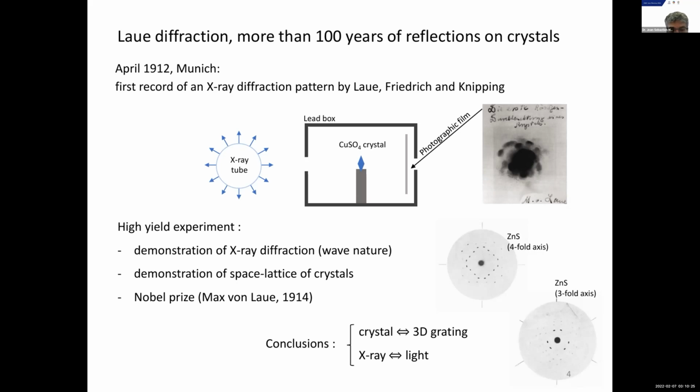So from these first experiments, there was a clear similarity between the crystal and a 3D grating, and it was also more obvious that the X-ray has a wave nature, like light. So Max von Laue got the Nobel Prize for that.